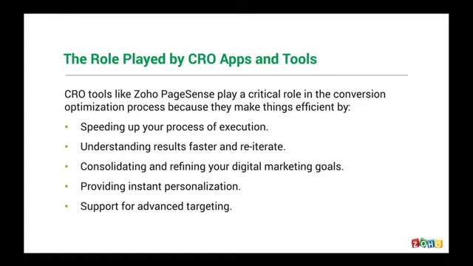A quick recap: CRO tools like Zoho PageSense play a key role in conversion optimization because they help in increasing the speed of execution of such processes by giving tools for easy analysis and testing, providing insights and inferences based on the data shown, which can help us reiterate what we've designed our hypothesis to be.